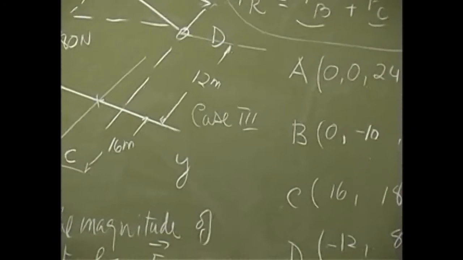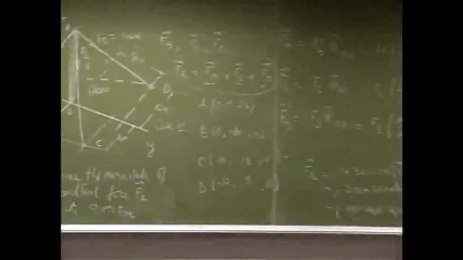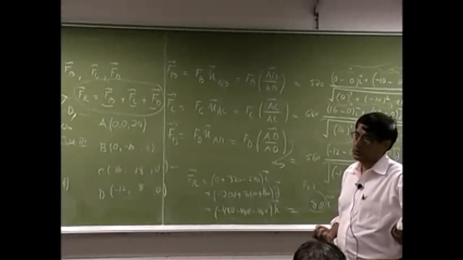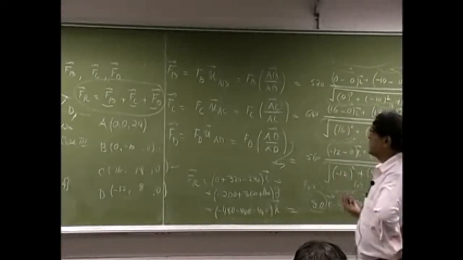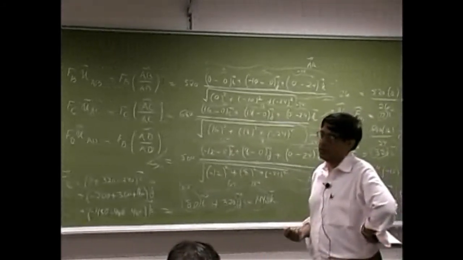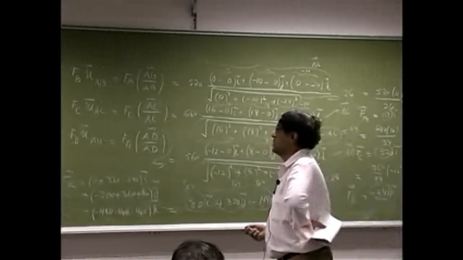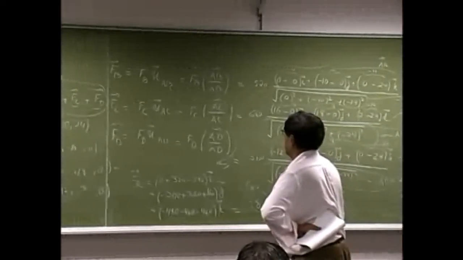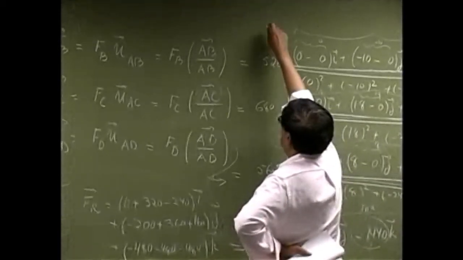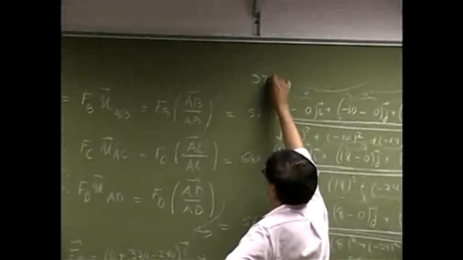So we went through this long process of finding the force vector for all those forces. So that's one point. Then the rest of the process is same, whether you have the problem in 2 dimensions or the problem in 3 dimensions.